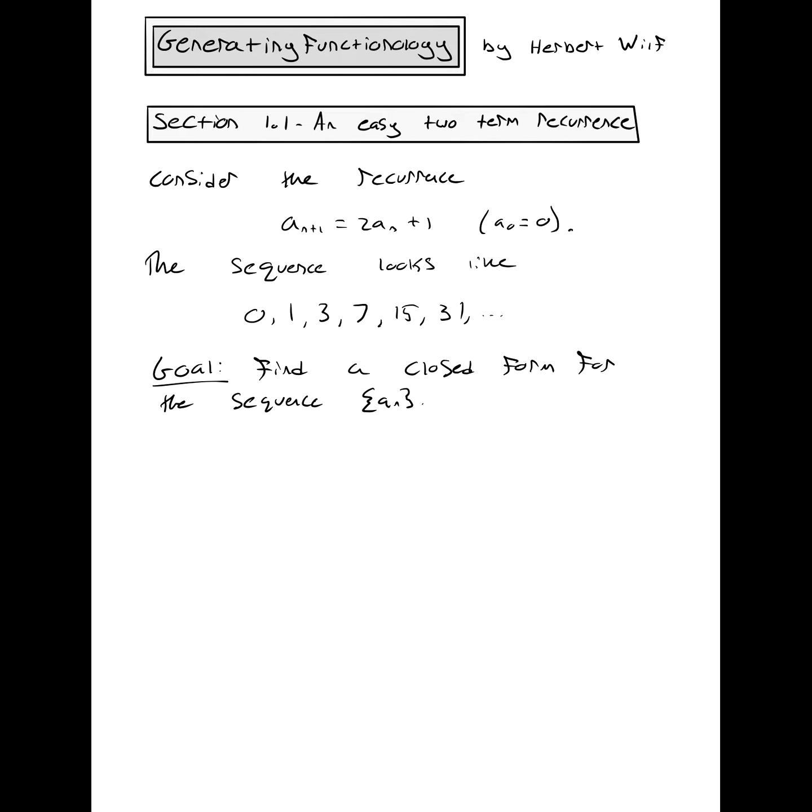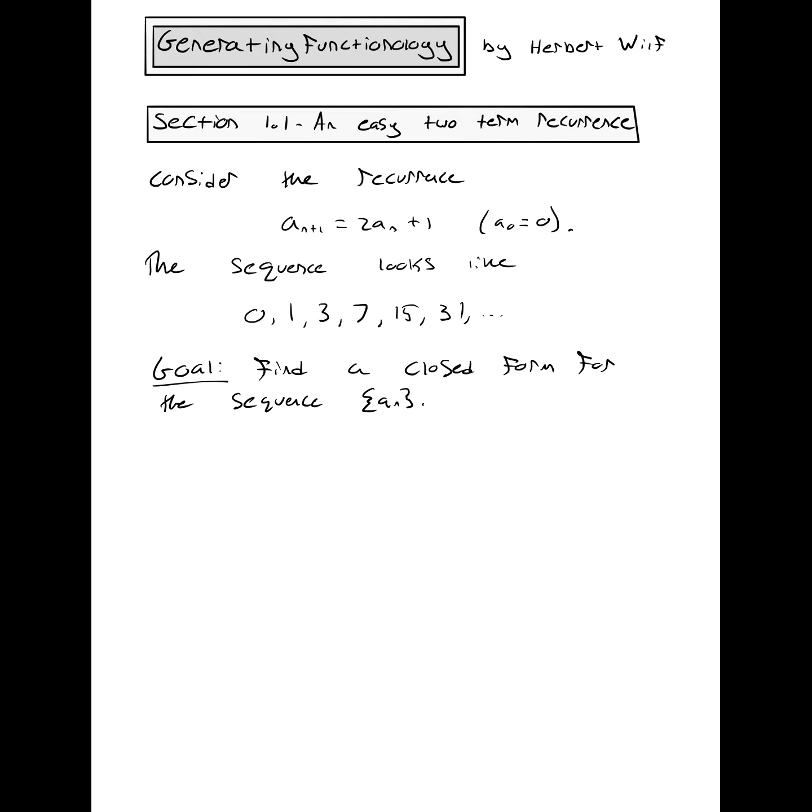By closed form, what I mean is we want to be able to explicitly write a sub n in terms of numbers, and maybe in terms of n. But the idea is we don't want it to be written in terms of the previous terms. We already have that. So we want to come up with a closed form.